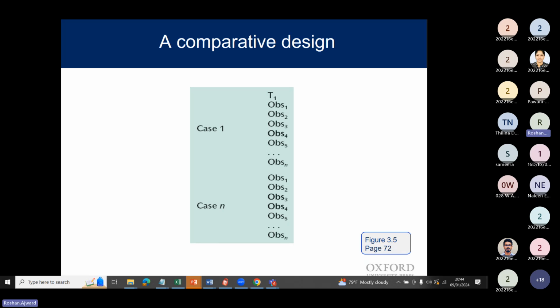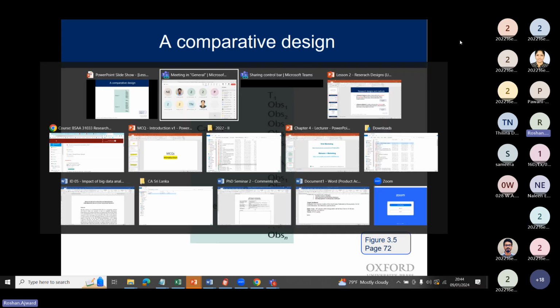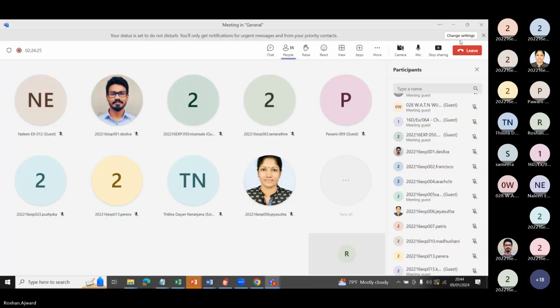Okay, one student says cross-sectional. Longitudinal. Okay. So we'll ask Arachi, what do you think? What's easiest to replicate? I think it's a case study. Case study, okay.